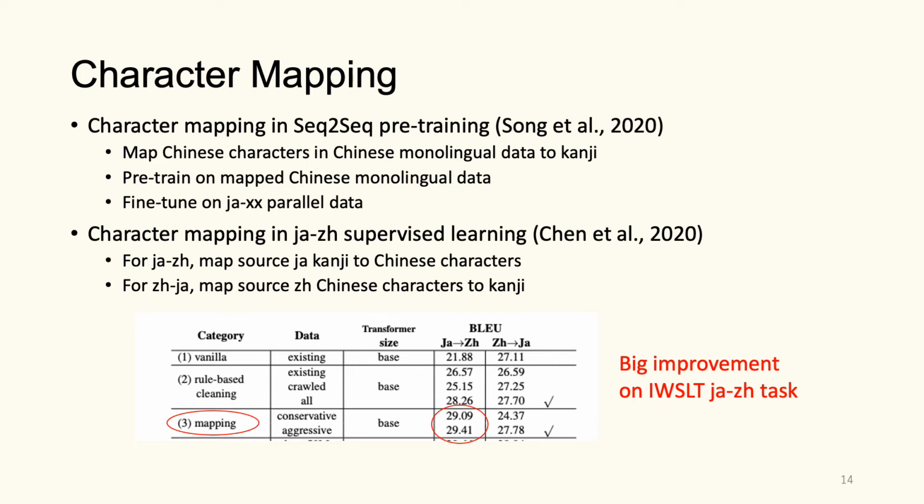Then we tried a specific trick on Japanese-Chinese translation called character mapping. This trick has been proved effective in sequence-to-sequence pre-training and in supervised learning this year.